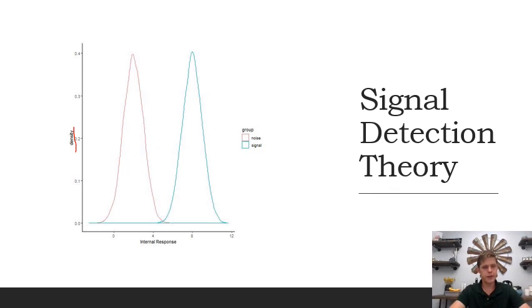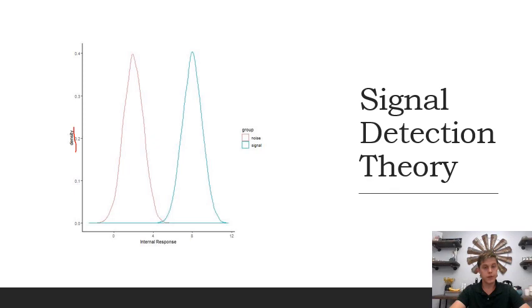Where this peak is, is where most of our data lies. As we go further and further out, we get less and less data or results occurring. So most of our data is focused right in this central area for this noise curve.